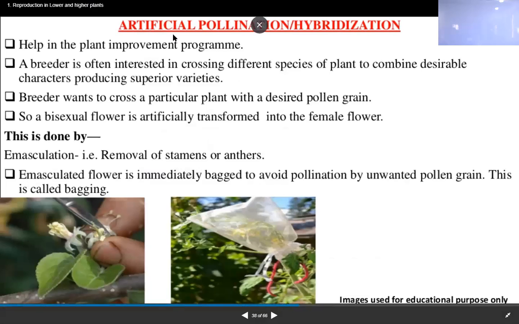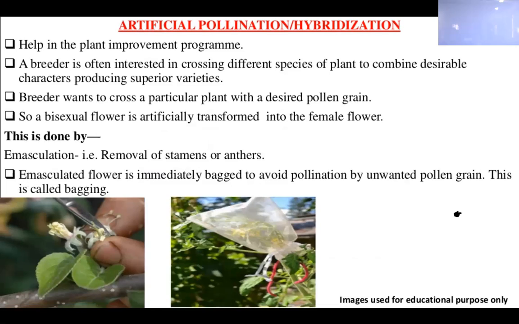Okay. Now, artificial pollination and hybridization. Artificially, how does it take place? In artificial pollination, you can see it is with the help of human activities.